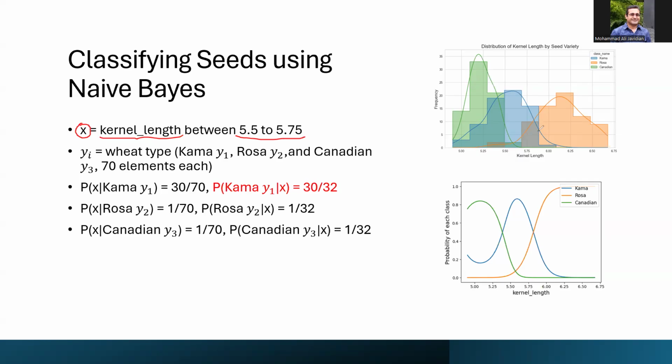At the top right, you see the frequency of different types of seeds. The green one is the Canadian, the orange one is Rosa, and the blue one is Kama. And as you can see, they have more or less a normal distribution.